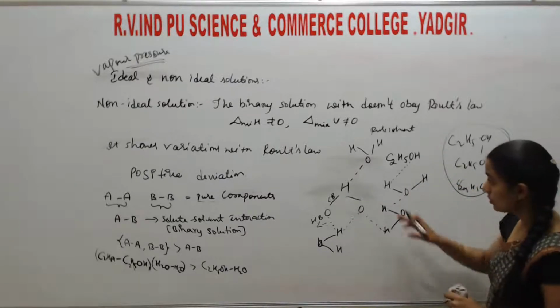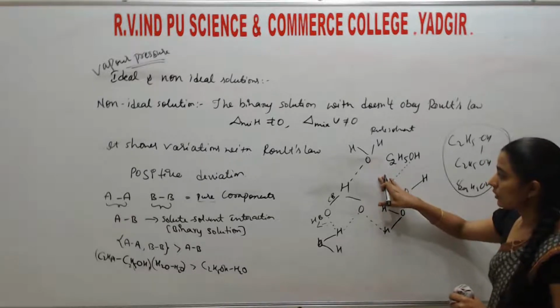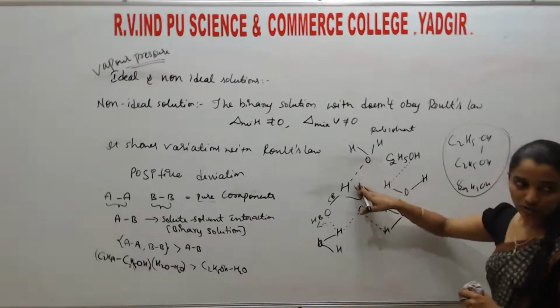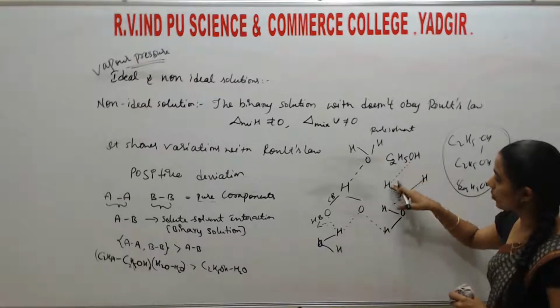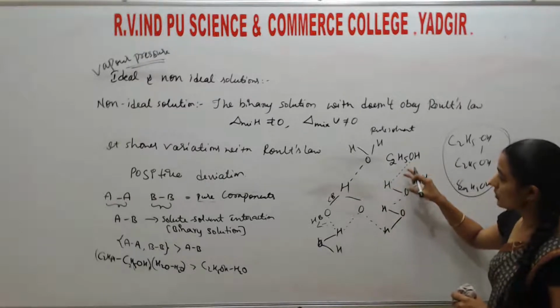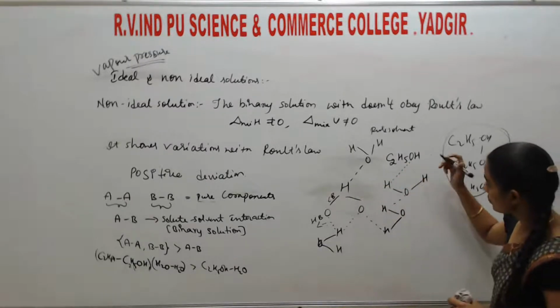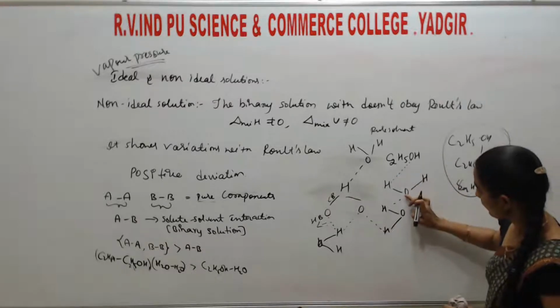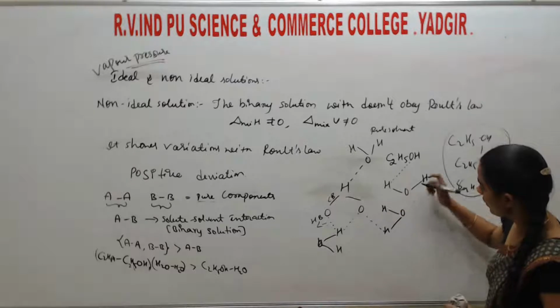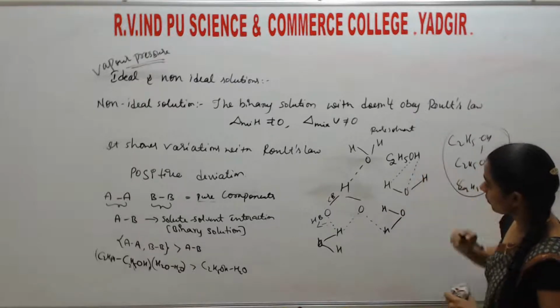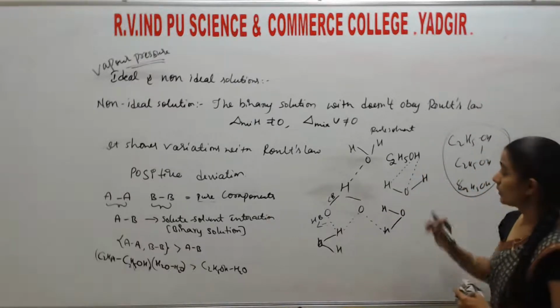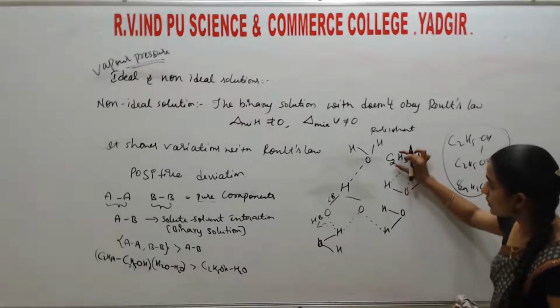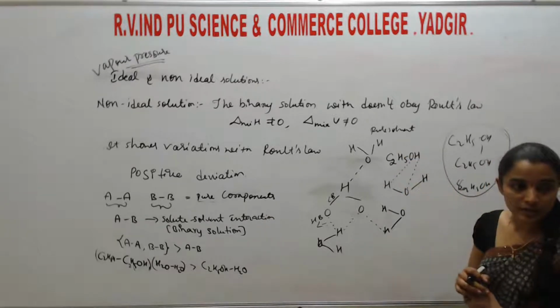I hope you understood. It breaks the bond with the hydrogen atom and forms a hydrogen bond with this atom. Again, this hydrogen is there, it breaks the bond with the oxygen and forms the bond here. Then here solvent-solute interaction is there.